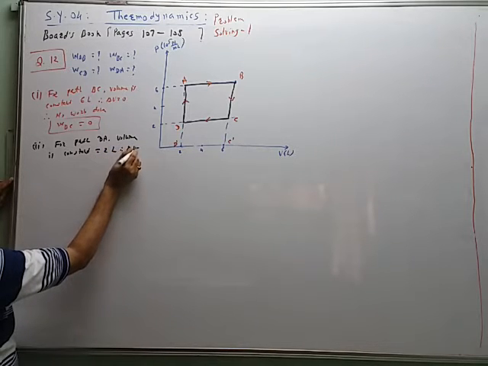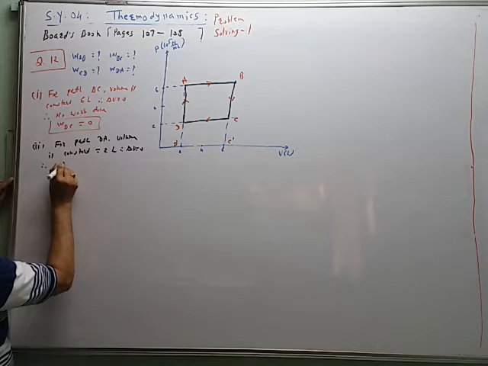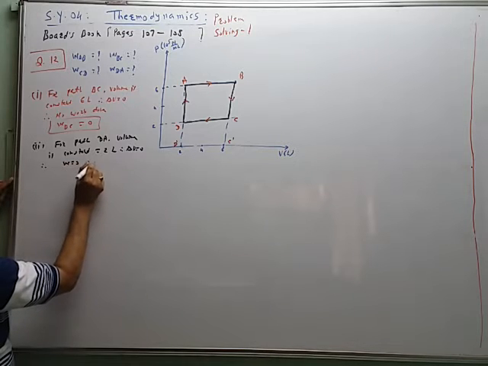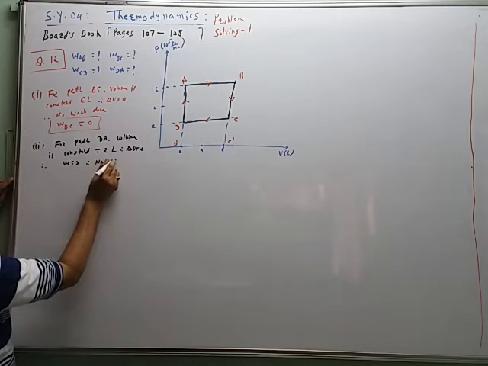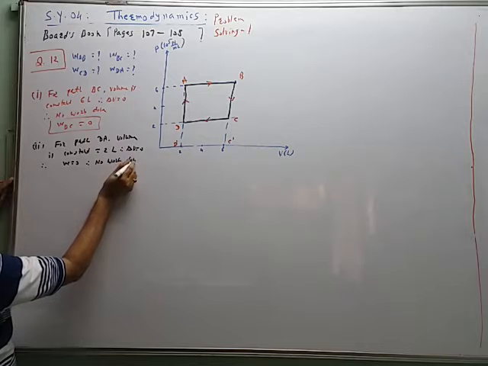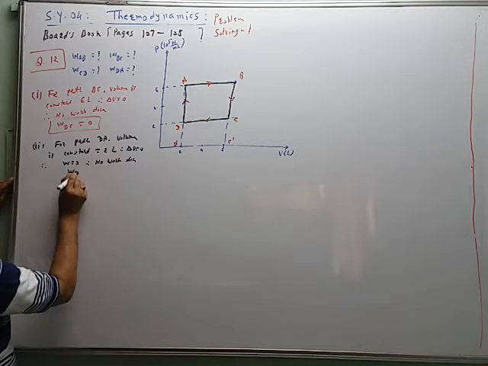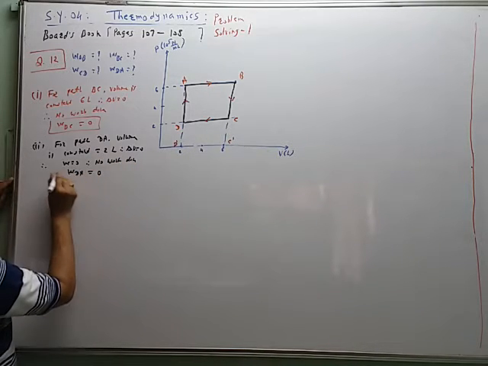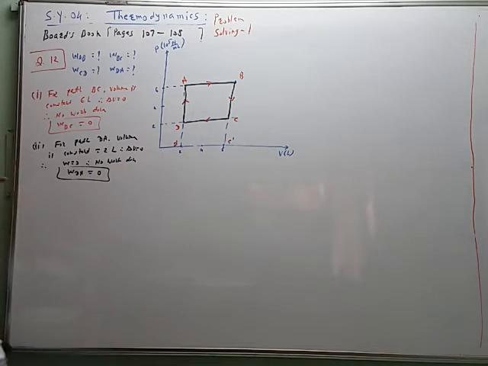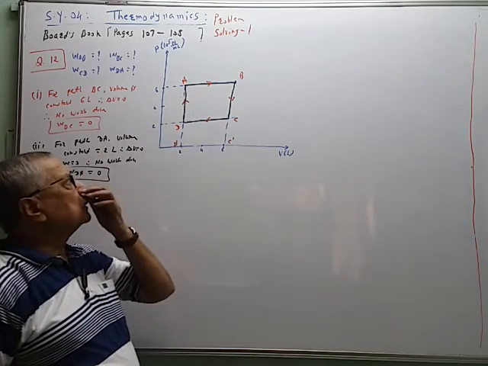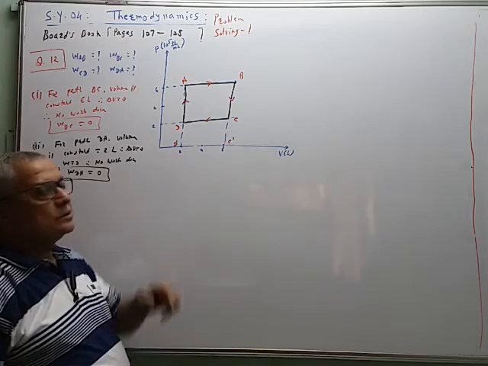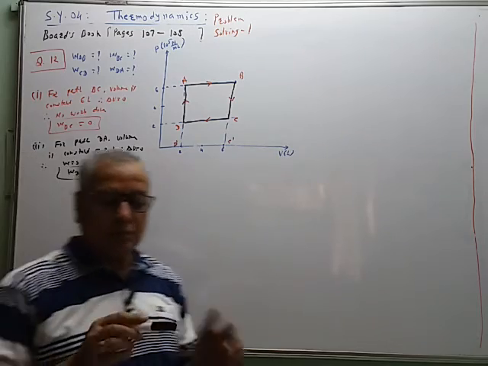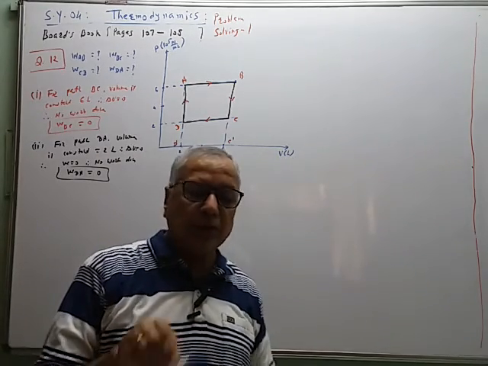Therefore no change in volume, dV is equal to 0. Therefore W is equal to 0. No work done. Therefore WDA is equal to 0. चार पैकी दोन वर्कच्या व्हॅल्यू जर 0 झाल्या. आता AB आणि CD साठी वर्क डनची व्हॅल्यू सारखी नाही. आपण थेअरीमध्ये पण हे प्रूव्ह केलं होतं.